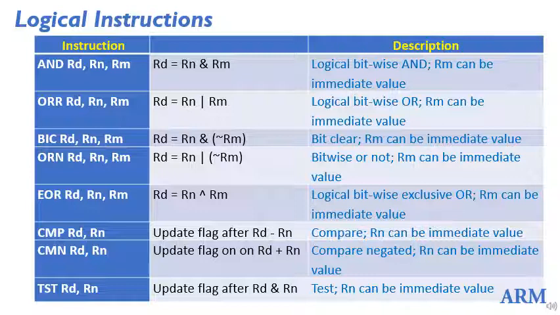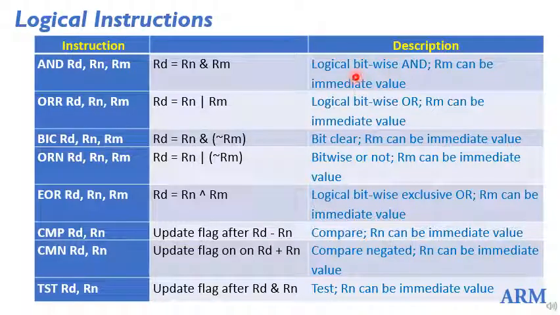Next set of basic operations under the data processing instructions are the logical operations. So logical operations correspond to AND, OR, XOR, and so on. Okay. So we'll see the instructions corresponding to this. The first one is the AND instruction. AND RD, RN, RM. This is for bitwise logical AND.